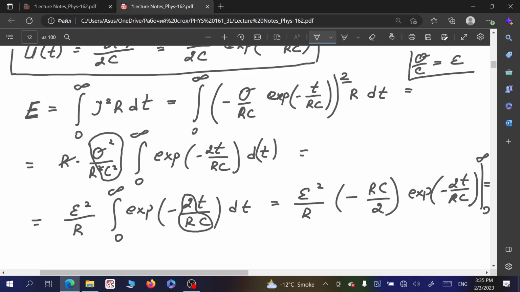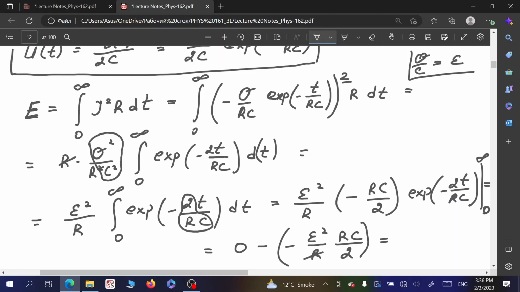So that will be equal to 0, because if we consider infinity instead of t, and with this minus, exponent will give us 0, minus epsilon square over R times RC over 2. Because when we substitute 0, we get just unity for exponent.